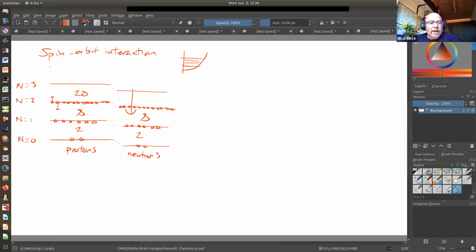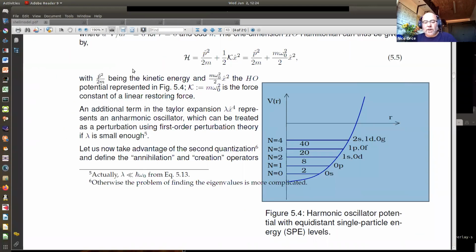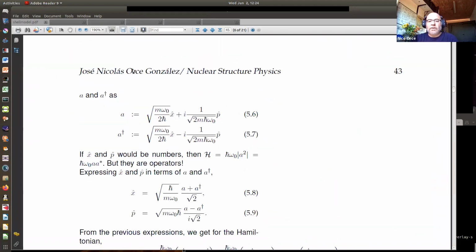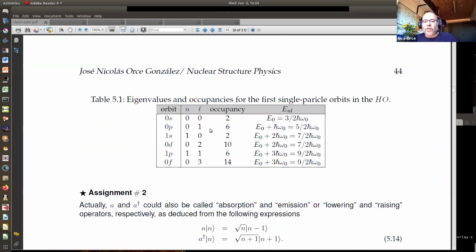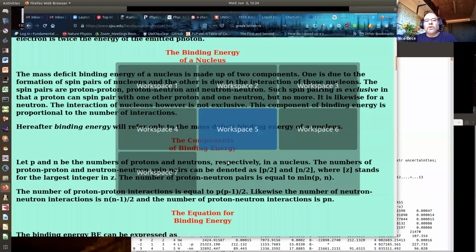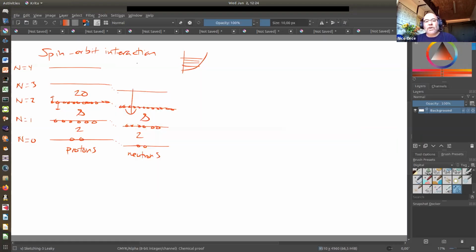But then if we go to the n equals 4 and do our table as we did the other day, for the 4 we have the 1p and the 1f6, which makes 20. So 20 plus 20 gives us 40.